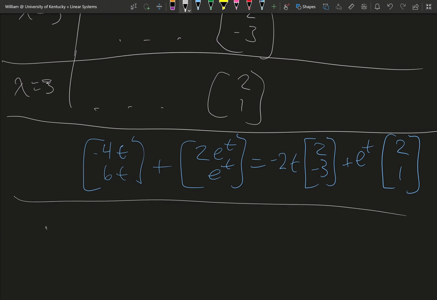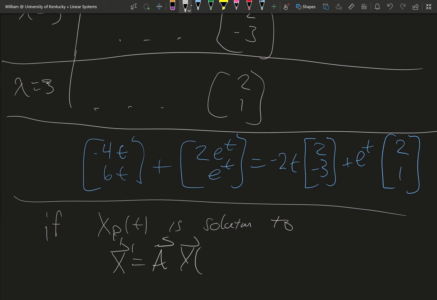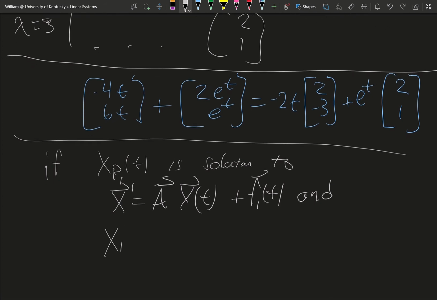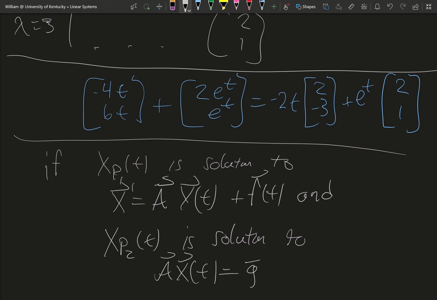If xp1 is a solution to something like this, and xp2 is a solution to something like this. So the same thing, except, well, okay, I'll use F there and G there.